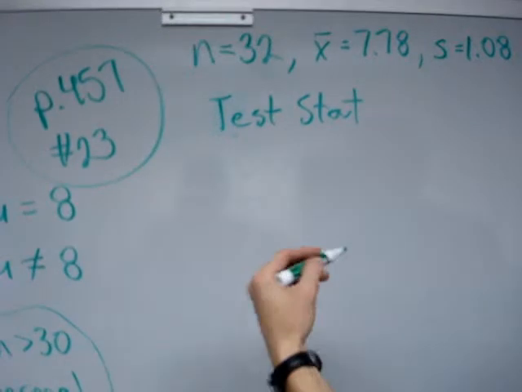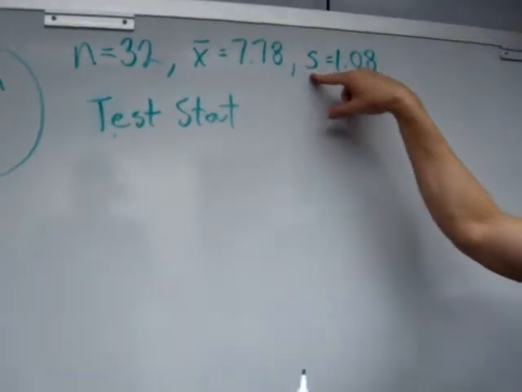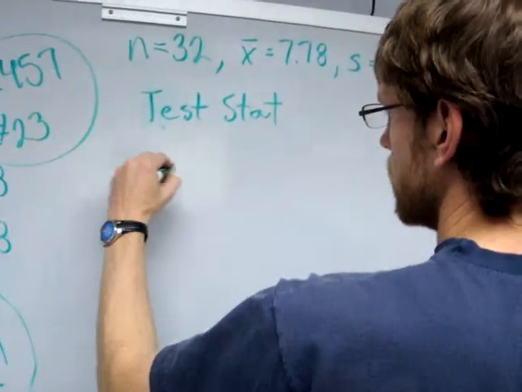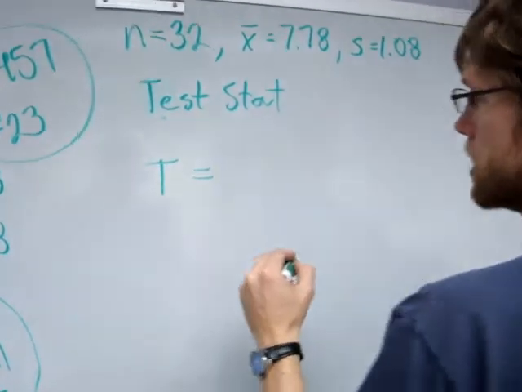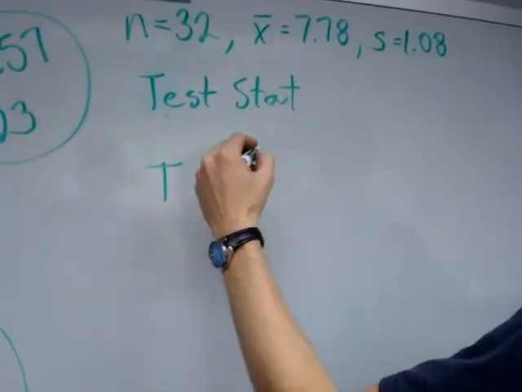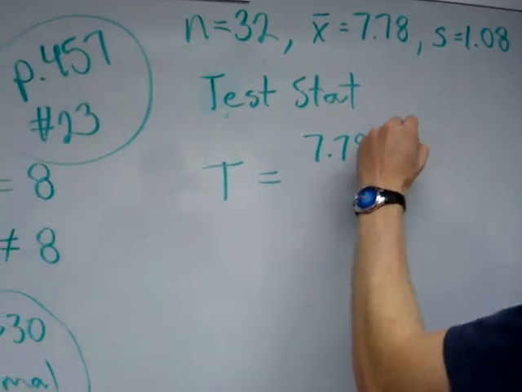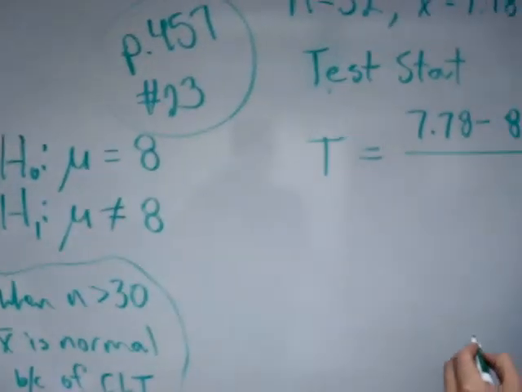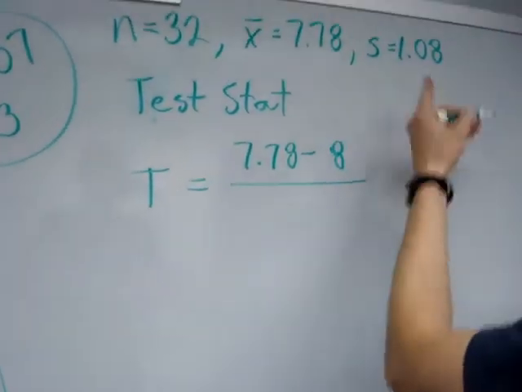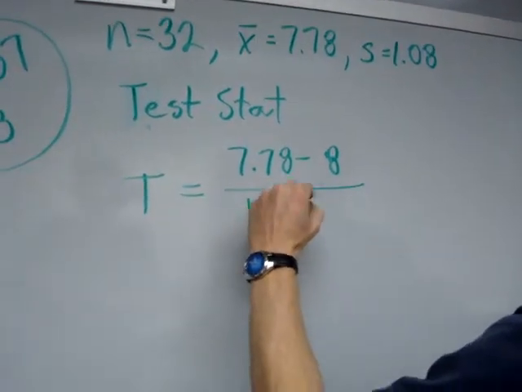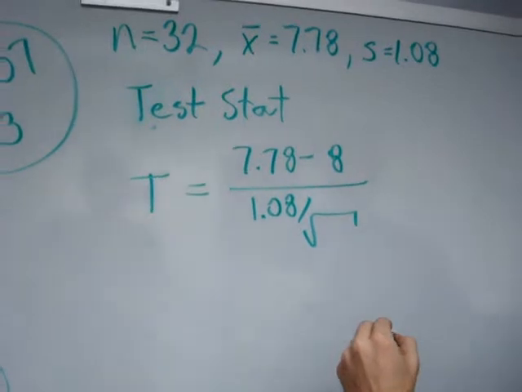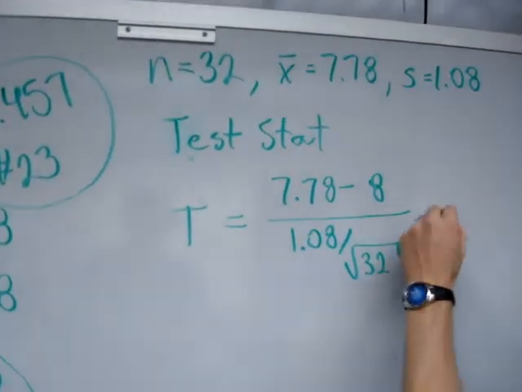So our test statistic, this is a t-test because we have s. We don't know sigma. So our test statistic is t. It's going to be x bar minus 8 divided by s over root n. So s is 1.08 divided by the square root of 32.